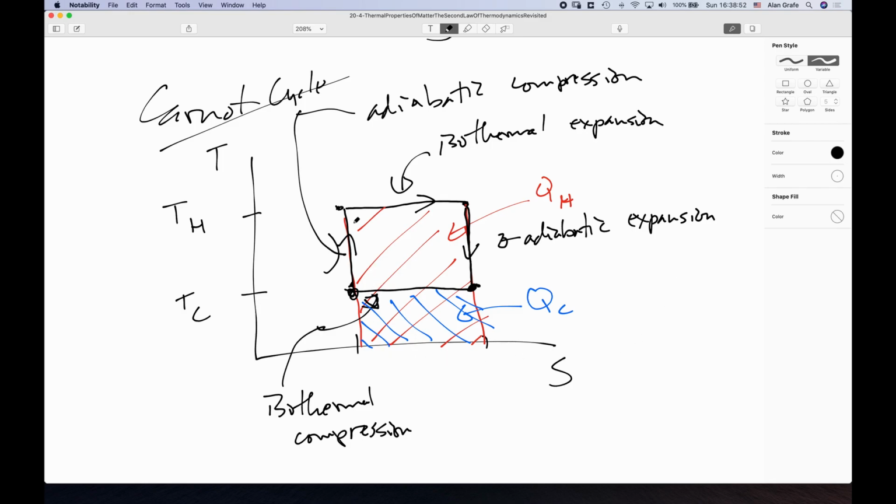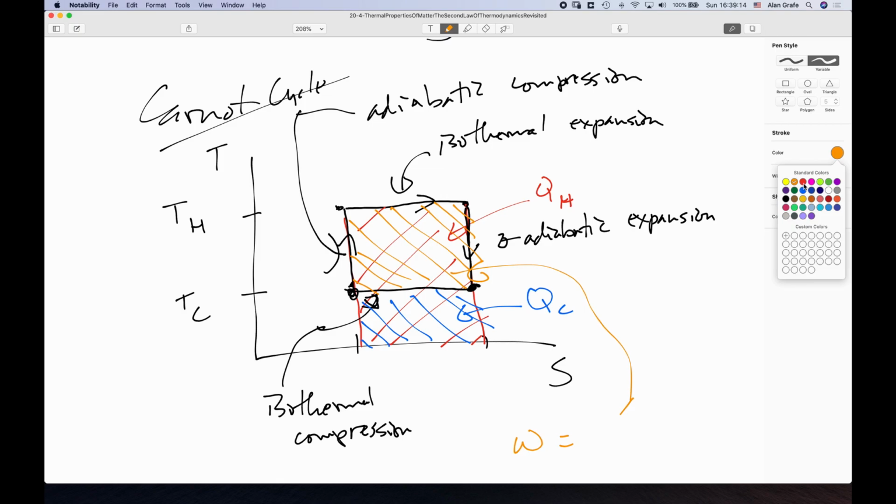Again, otherwise you'd have to start coming over too early and you'd waste all this extra heat down to the cold reservoir. So the difference between the hot and the cold reservoir is this area I'm cross-hatching here in orange. This is the work that we are going to get out from the gas.